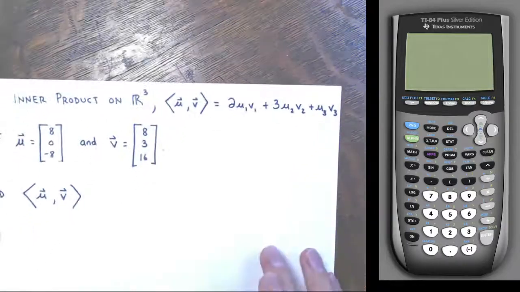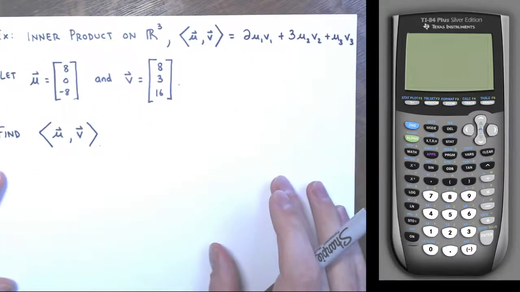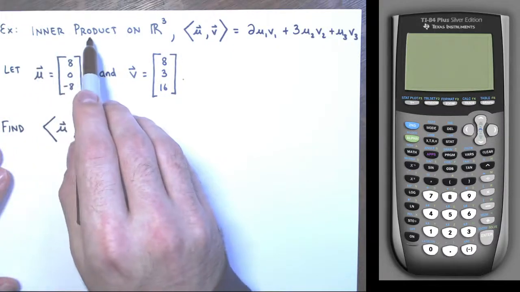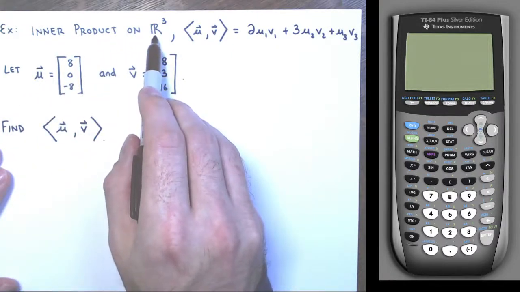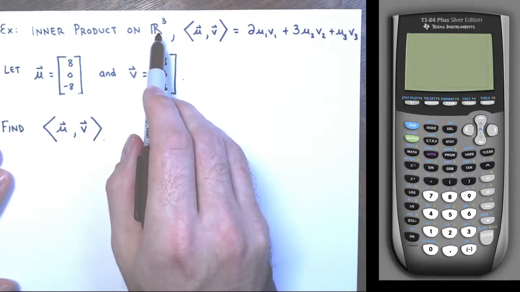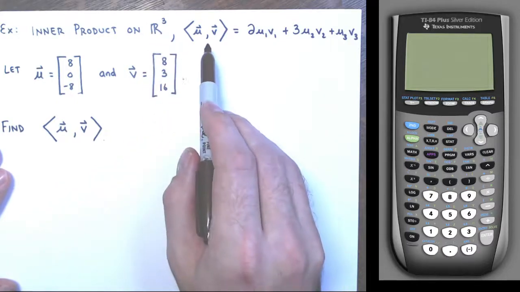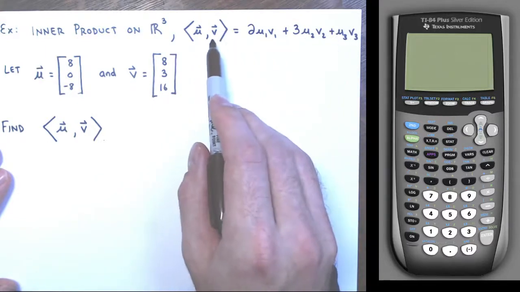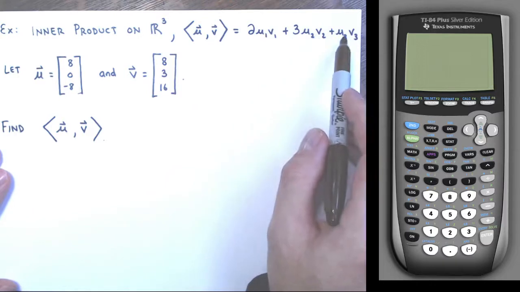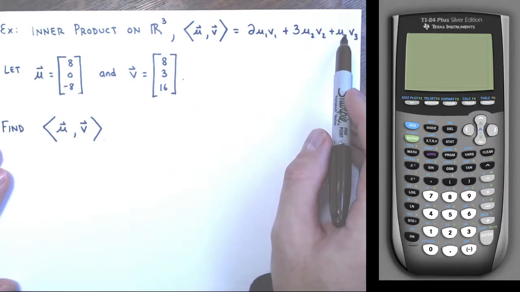All right, the next one. Here I'm told this is an inner product on R3. So now my inputs are vectors from R3, and again my output should be a real number. I'm told this function, this rule, satisfies all four of those inner product axioms.